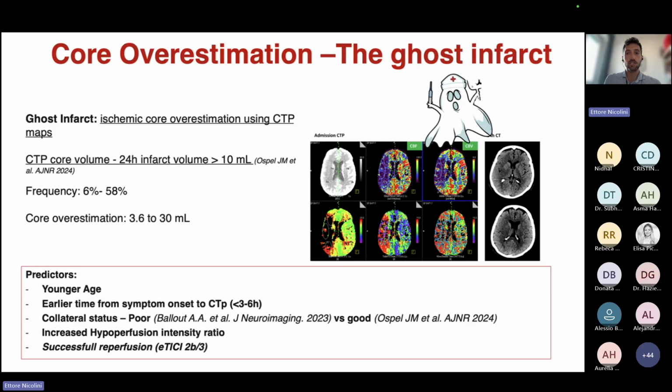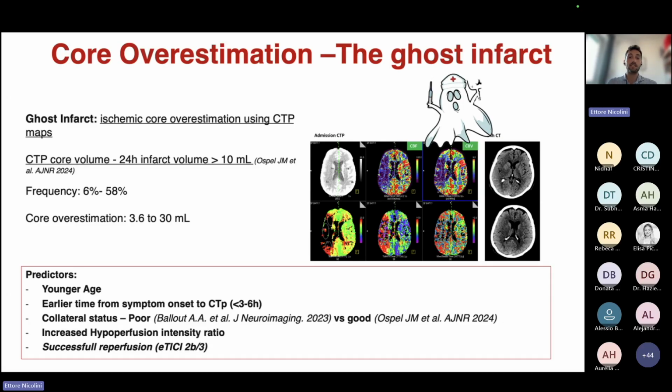As for the overestimation, this phenomenon is called the ghost infarct. It is commonly defined as a difference between the CT core volume as defined in acute setting and the 24-hour infarct volume of more than 10 milliliters. Its prevalence varies across studies from 6% to 60%, and also the volume overestimation varies up to 30 milliliters.